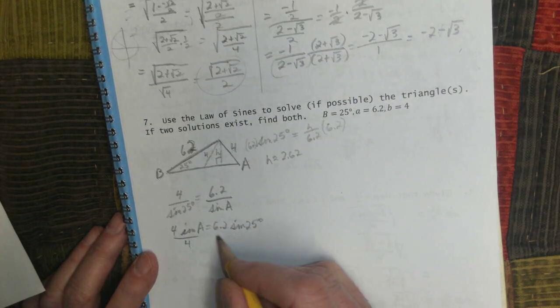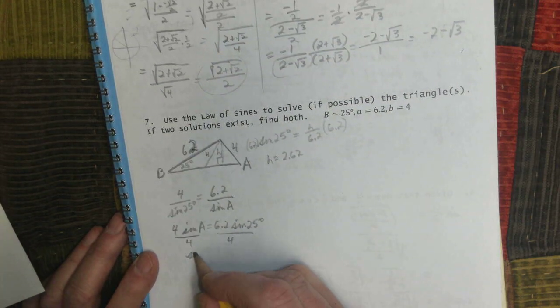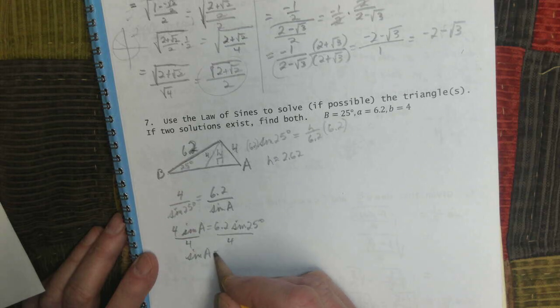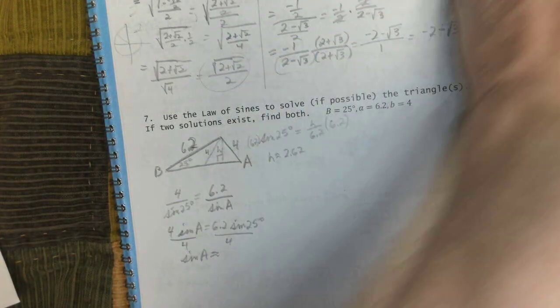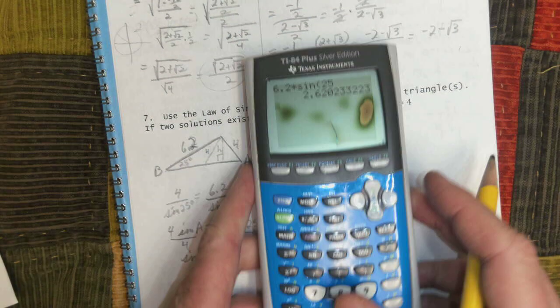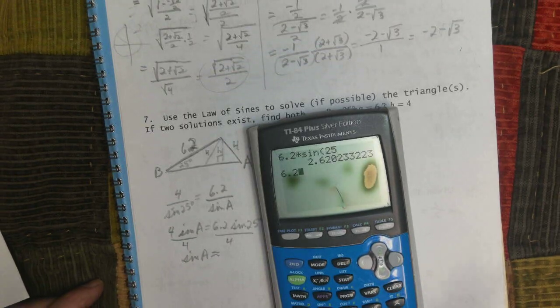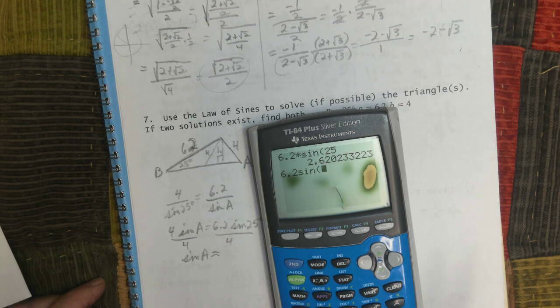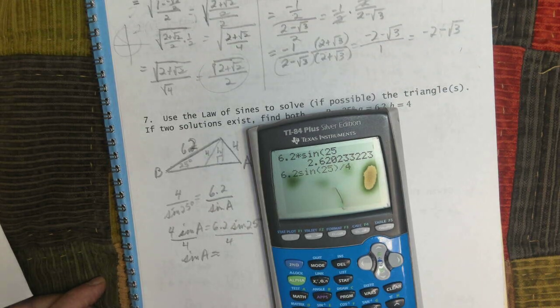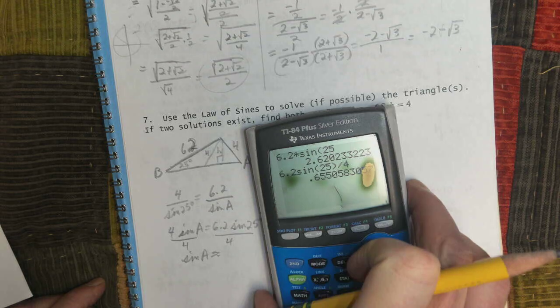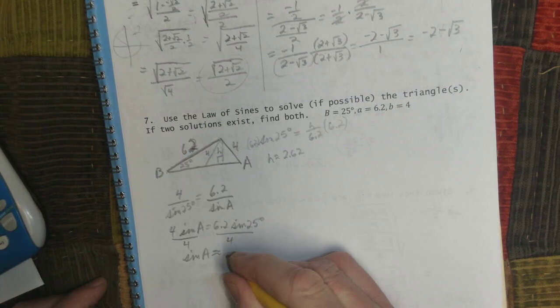I'll divide by 4. And the sine of A is approximately, I'm going to go 4 decimal places with that, 6.2 times the sine of 25, and then let's divide that by 4. I get 0.6551 is what I'm going to use.